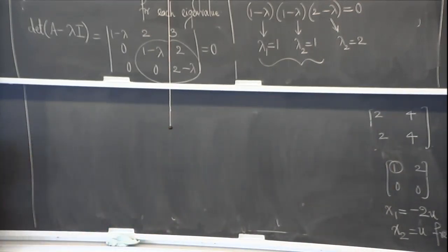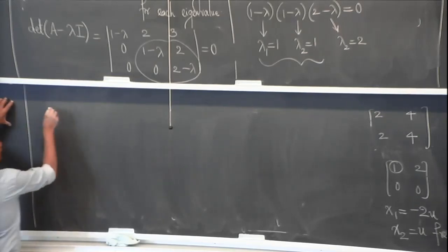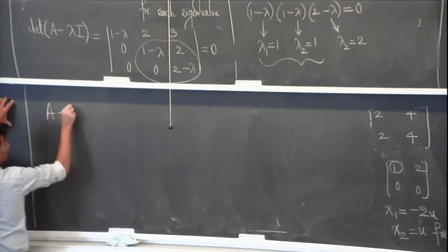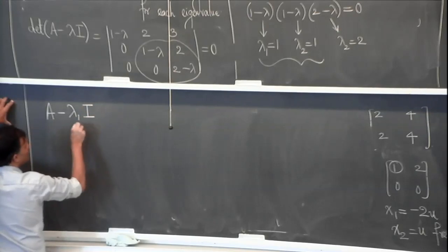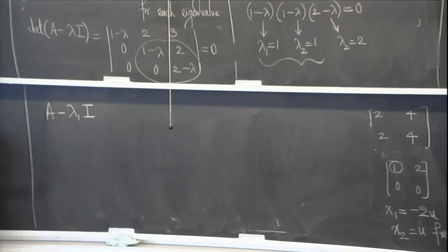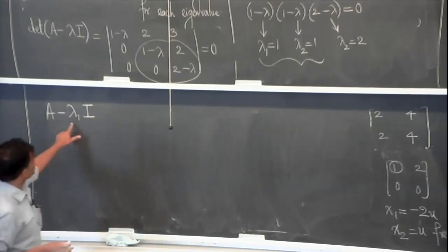To find an eigenvector for each of those eigenvalues, again, you're looking at a null space of A minus lambda I. In this case, let's start with lambda 1. Lambda 1 and lambda 2 are the same, so there's no difference between those two.